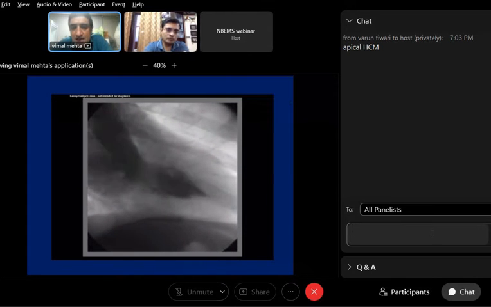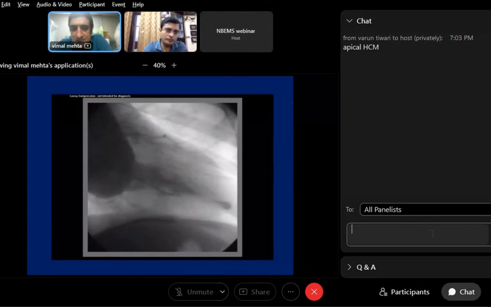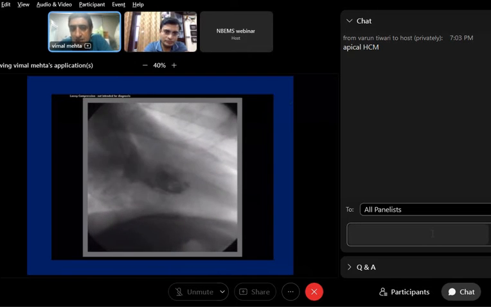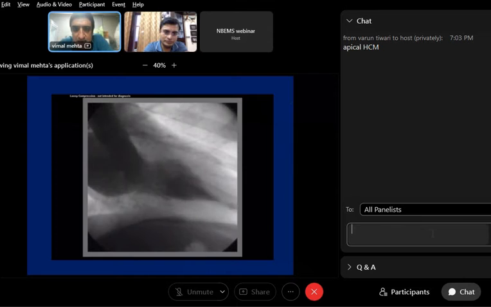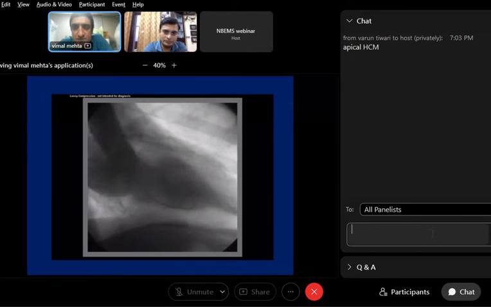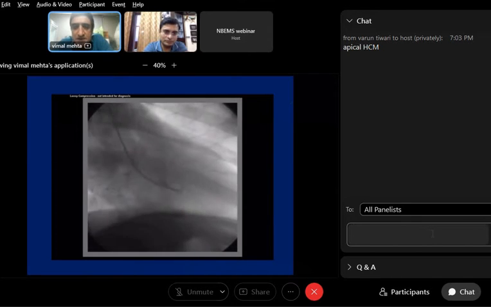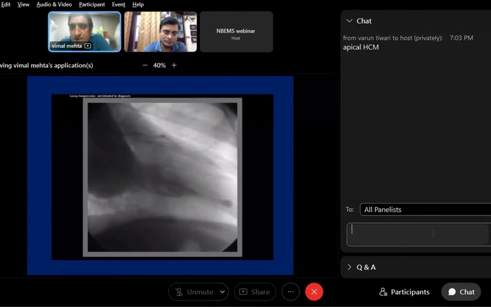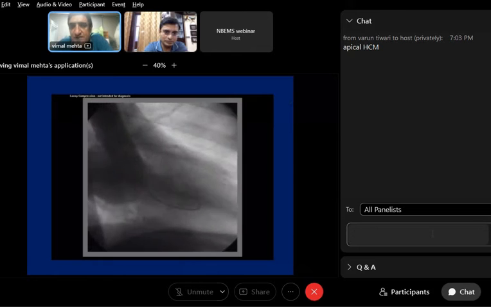And what happens if the contractility is increased? In the beat just after ectopics, they will increase contractility, which will increase the gradient. So MR is exaggerated, very, very good.